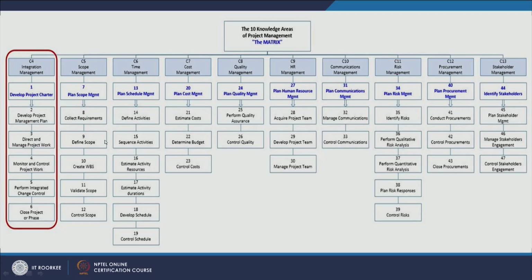Similarly, you can have different number of processes in each of those remaining 9 areas. So, we can say that there are total 47 processes. That is what I said in the beginning, it is 10 by 47 course, 10 knowledge areas and 47 processes.